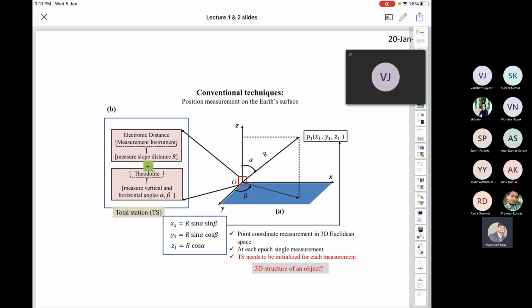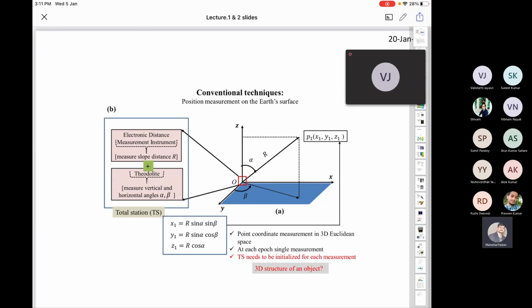Can we locate a point in a 3D space using remote sensing instruments? Yes, we have the traditional equipment by which you can do it. I think all of you are familiar with the electronic distance measurement instrument, EDMI, and the theodolite.